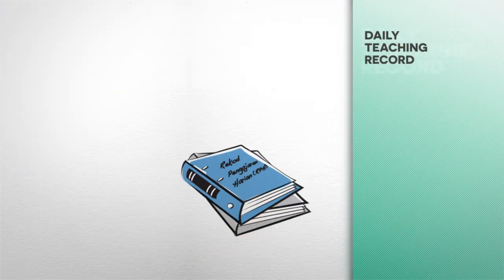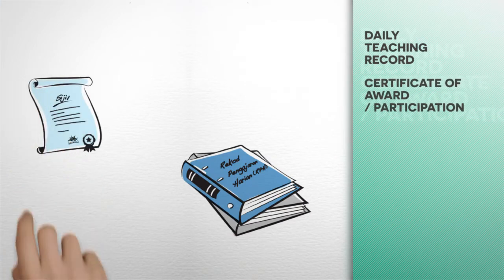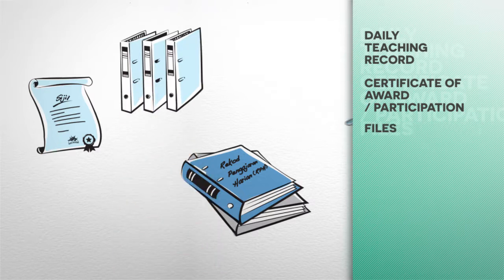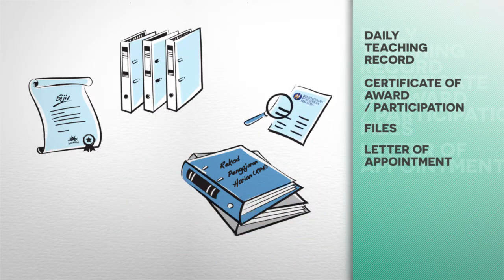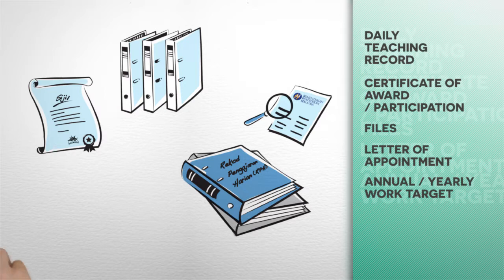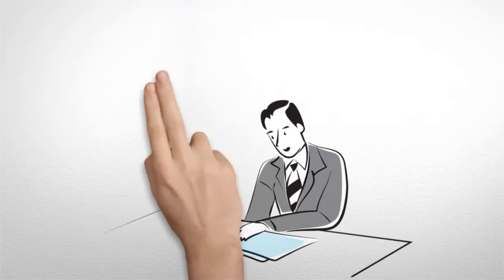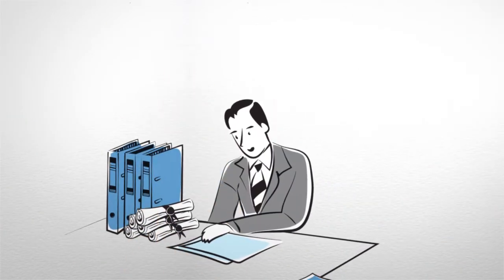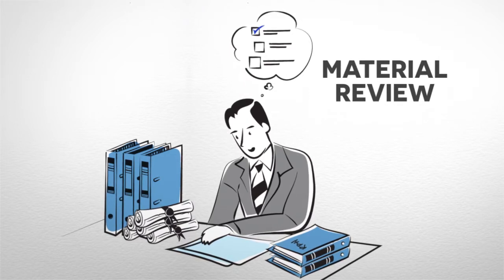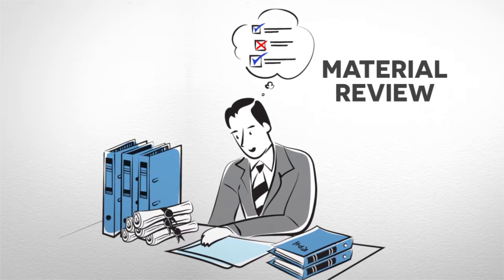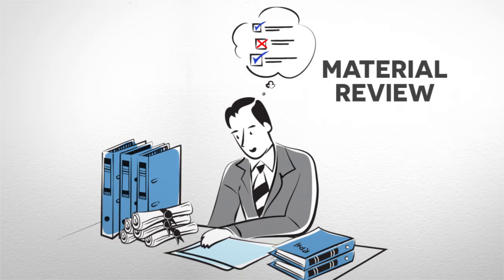Examples of the materials that can be reviewed by the evaluator are daily teaching record, certificate of award or participation, files, letter of appointment, annual work target, logbook, documents, or other related materials. The evaluator PP will use these review materials to evaluate the evaluated officer PYD.